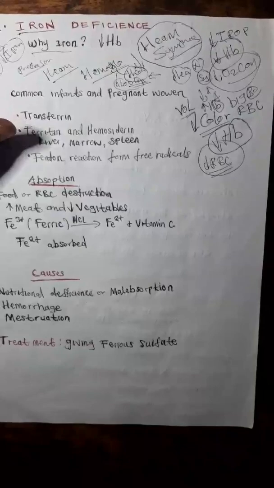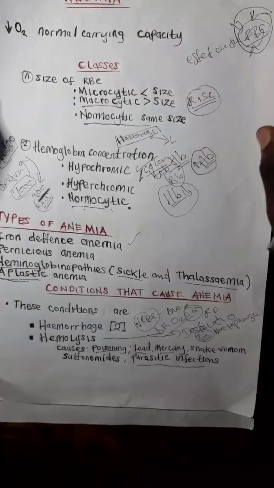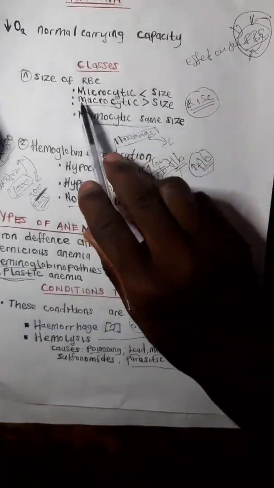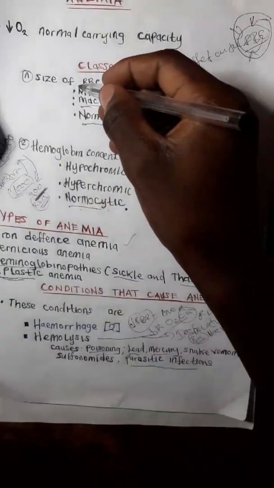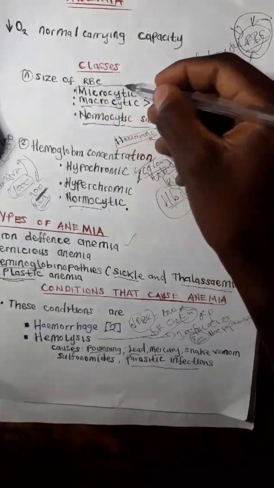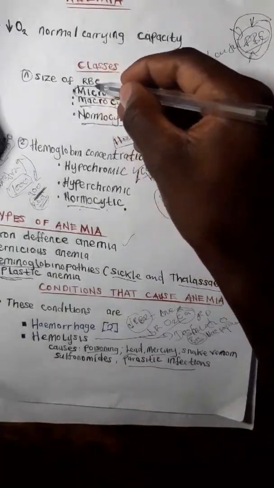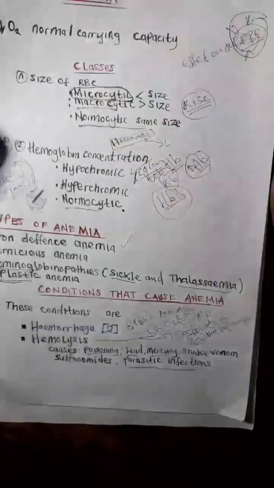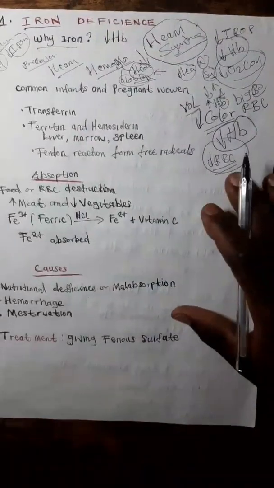So under the size, iron deficiency, what type of anemia? Is it microcytic, macrocytic, or normocytic? It is microcytic because there is a reduction in hemoglobin. Since there is a reduction in hemoglobin, there is also a reduction in the normal size of the red blood cells.